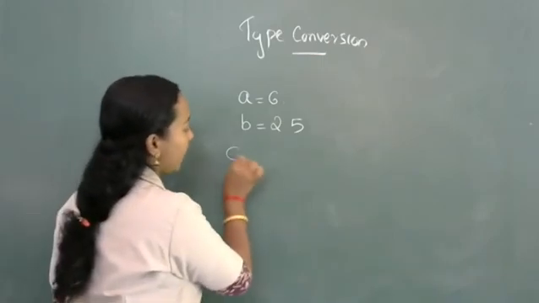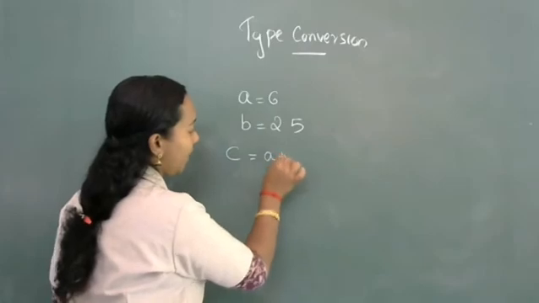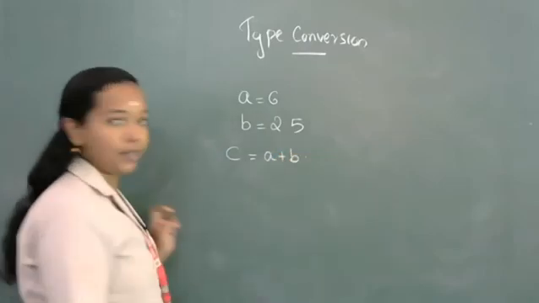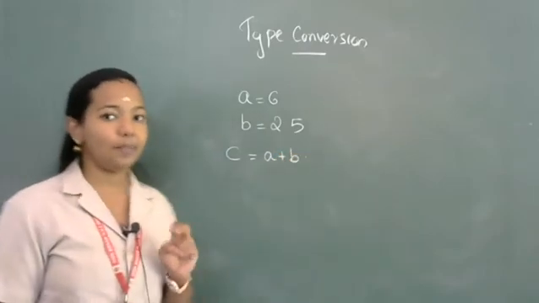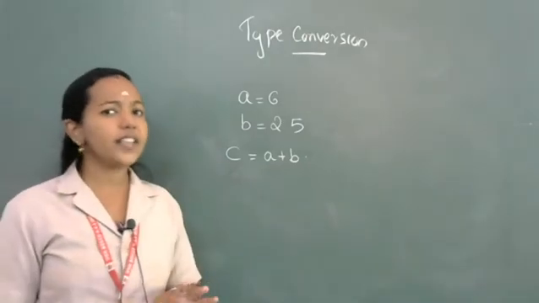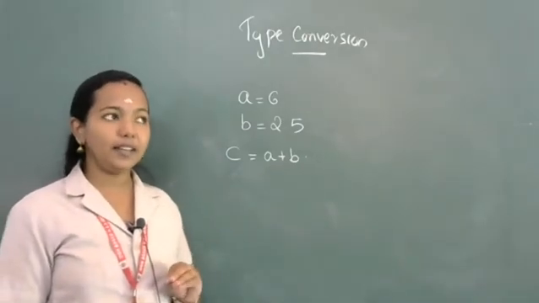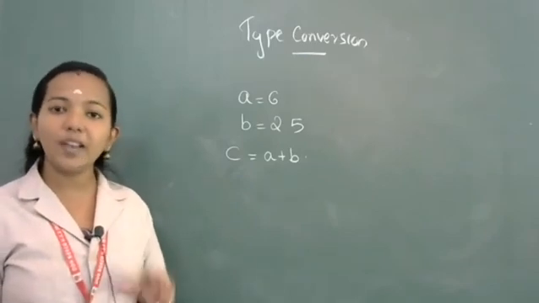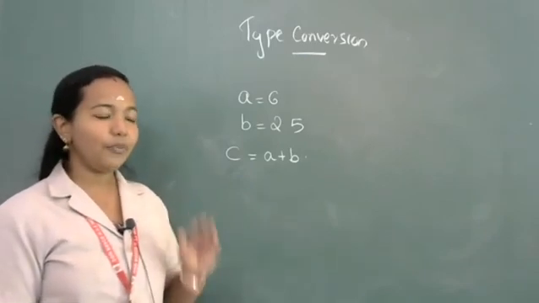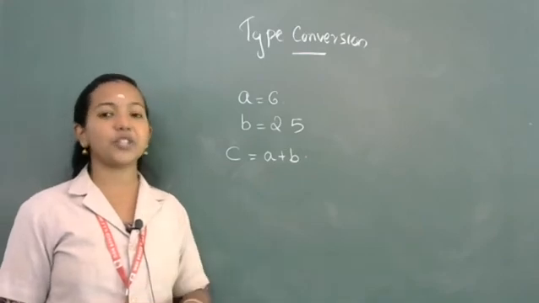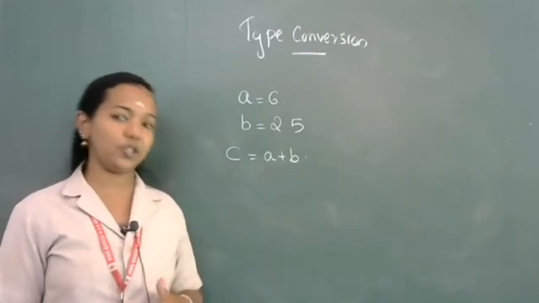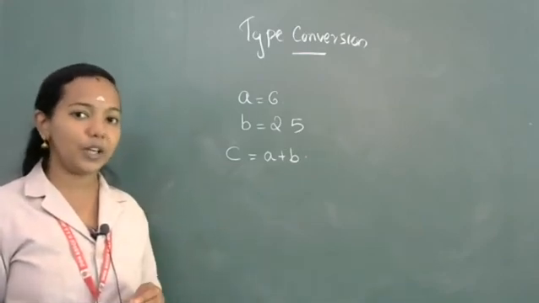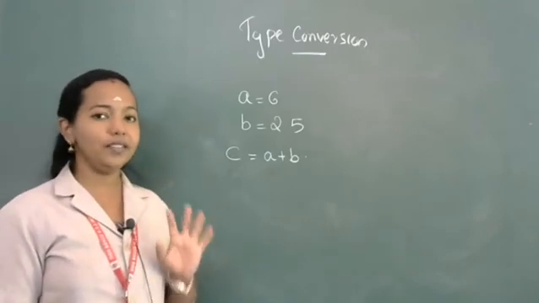So I am going to write C is equal to A plus B. We already studied that if all the numbers are integers, then it belongs to integer expression. If all the variables are fractional numbers and it returns a fractional value as a result, then it belongs to floating point expression.